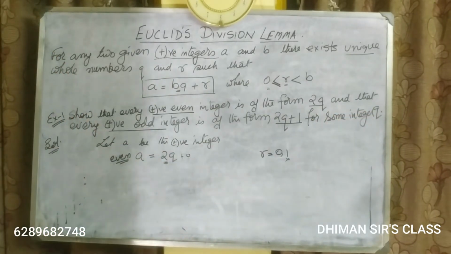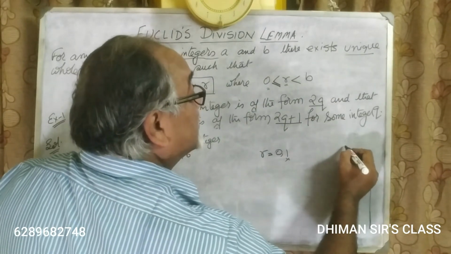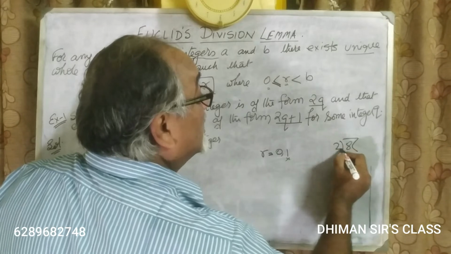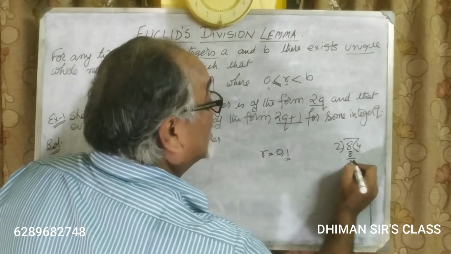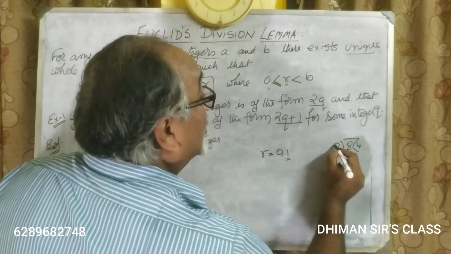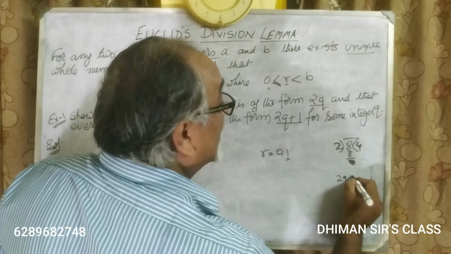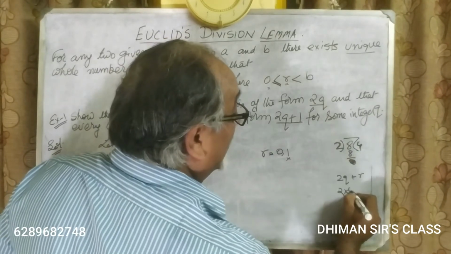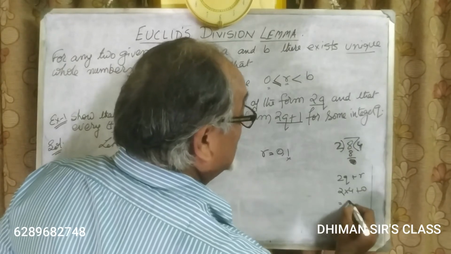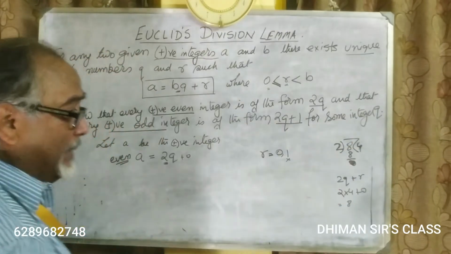Okay, next. Let us take, suppose, 8 divided by 2. 8 is divisible by 2. 2 fours are 8, remainder 0. So 2 into Q plus remainder, that means 2 into 4 plus remainder 0 equals 8, the dividend we are getting back.